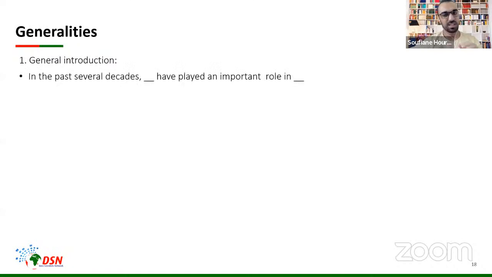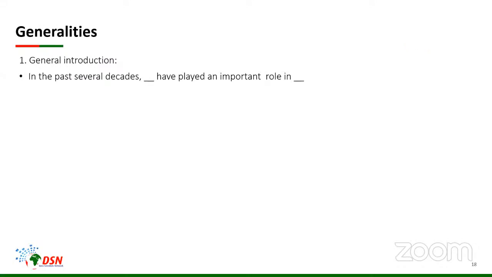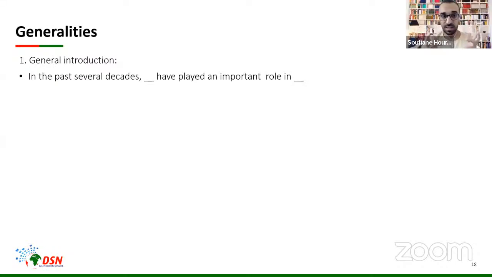For example, the most common ones: in the past several decades, in the past few years, nowadays. Then a problem, for example sentiment analysis, or artificial intelligence, or pattern recognition, has played an important role in, for example, computer science. It depends. This is the general one, and you will find these templates in every paper.